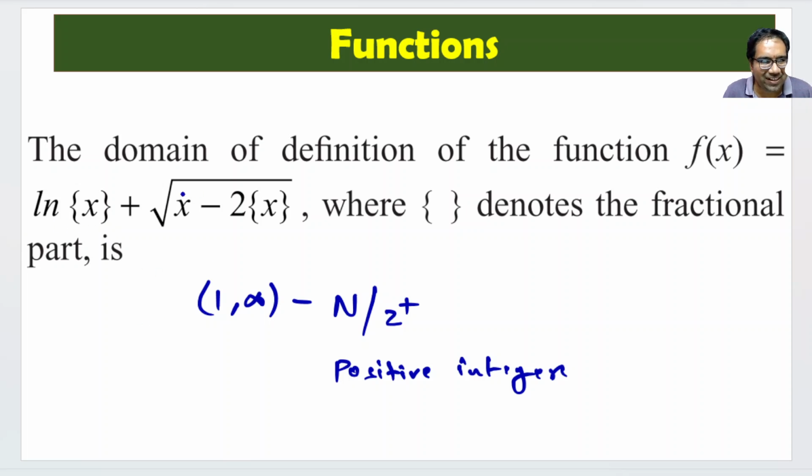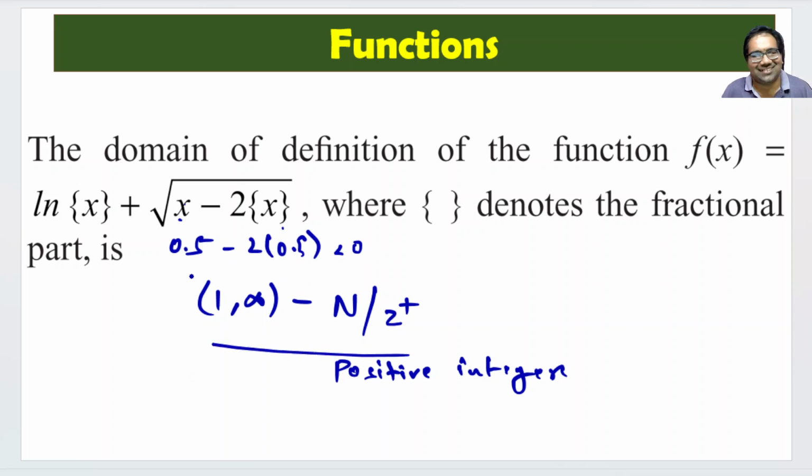And when x is less than 1, what will happen? This is minus 2 times the fractional part of x. For example, x is 0.5: 0.5 minus 2 times 0.5, which is less than 0. So this is also not possible. So this is the correct answer. Right, guys?